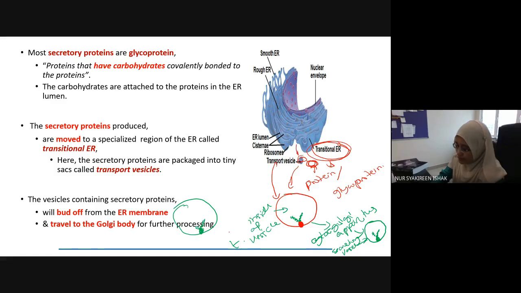So dia akan fuse. Okay, dia akan fuse dengan membrane of the plasma membrane. Dia akan fuse macam ni. Dia akan fuse.